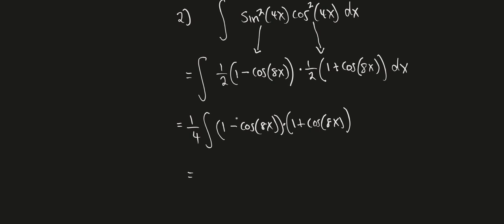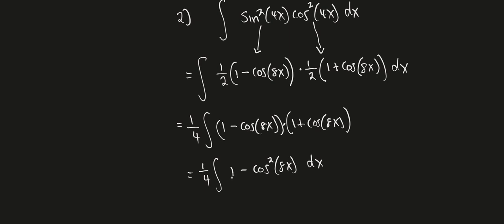No, I'm going to have to expand and see what happens. Well, when I expand, I'm going to get 1 minus cosine squared of 8x dx, right? So we're back up to another power of a trig function, but now this only involves cosine.